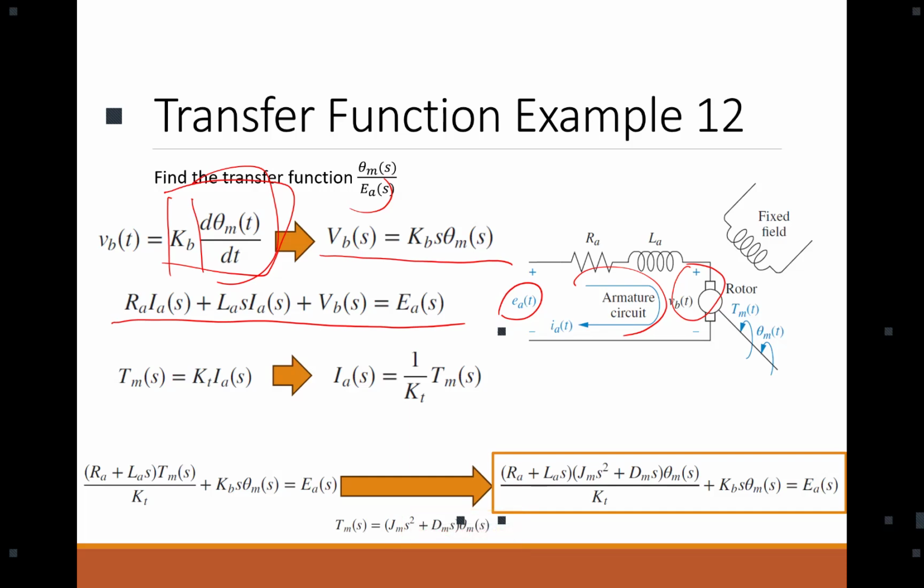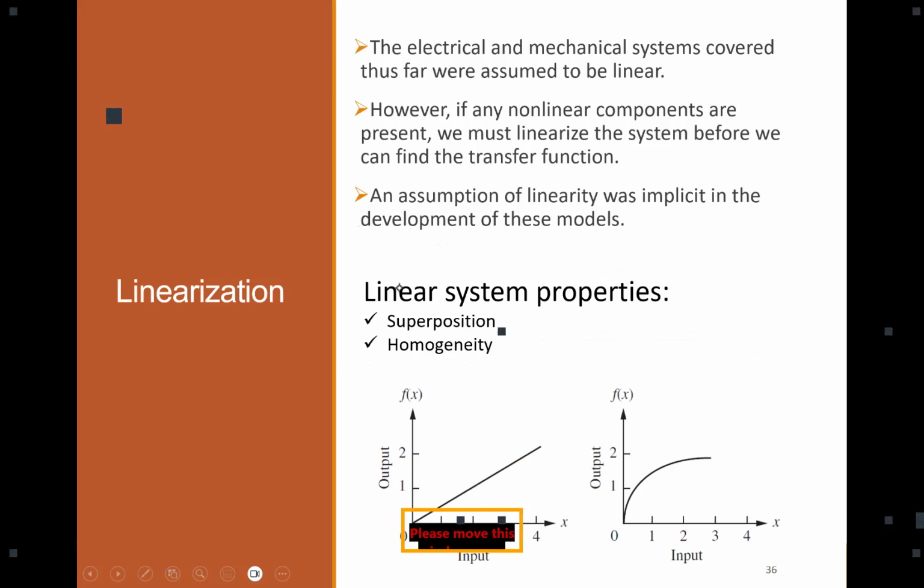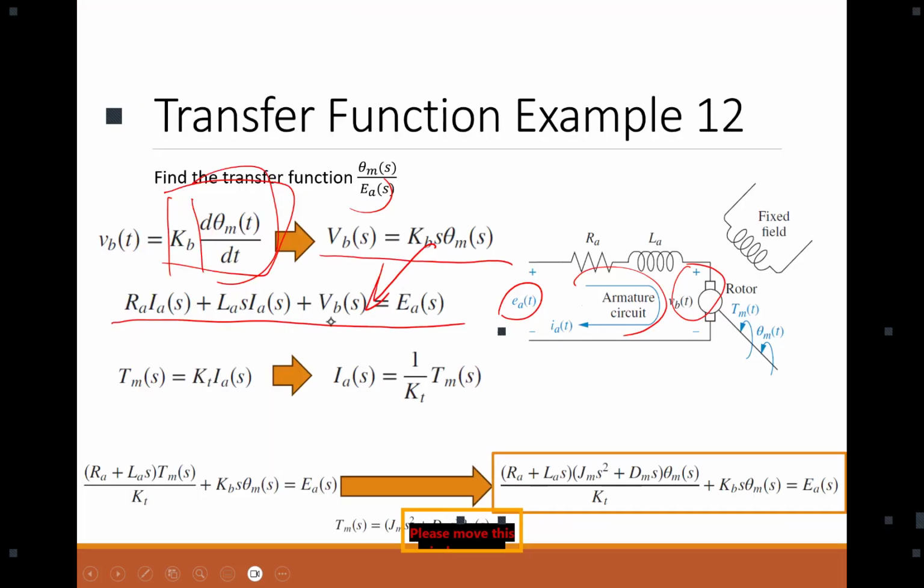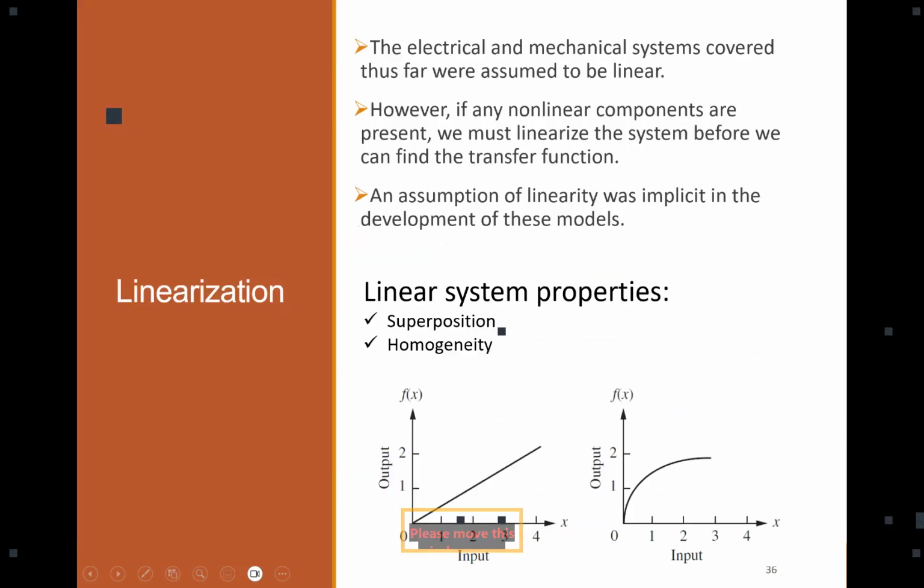When you have a rotation, you have induction in the circuit that will resist the force, so it's called back EMF, and this is the formula for that. Now you simply replace Vb here, and basically you have your transfer function.